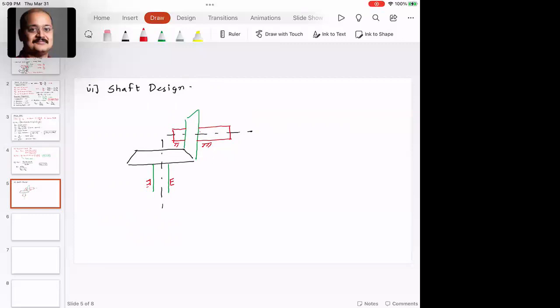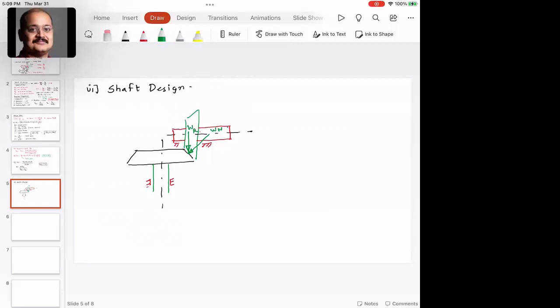But let's try to find out the loads. You are going to have a normal load, so there will be a Wn. You are going to have a radial load, Wr, and then you would have a tangential load.